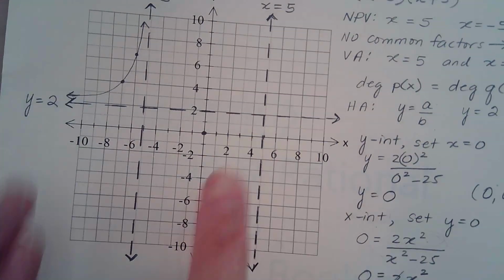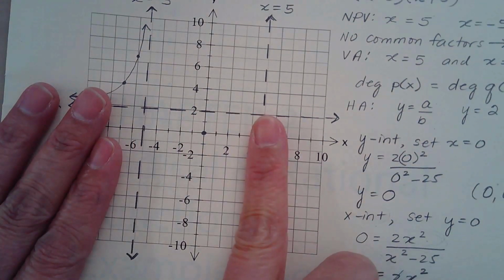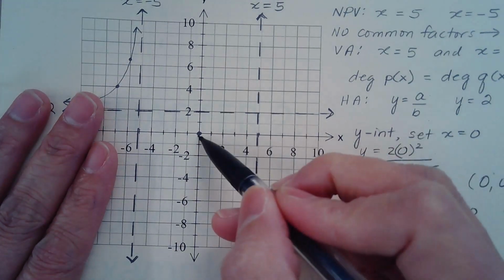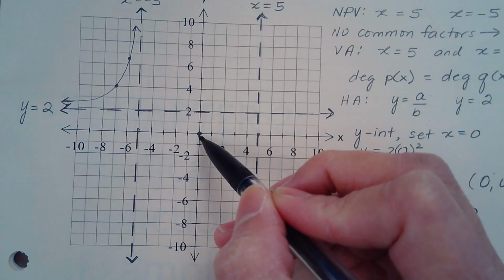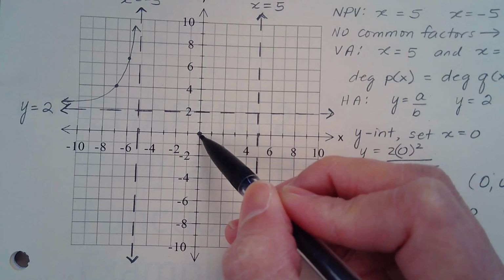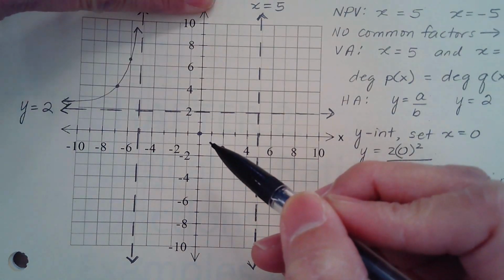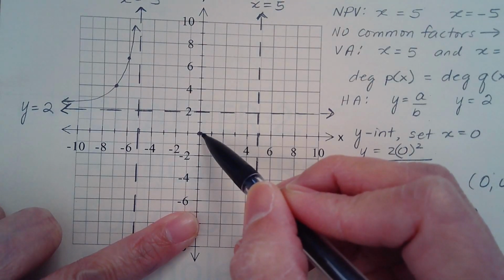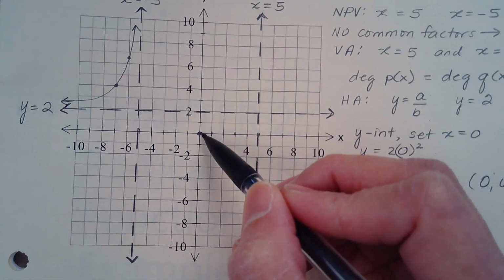Now, over here, between the -5 and +5 vertical asymptotes, we already have some kind of clue what's happening in here. It's not going to be above, it's going to be below, because we already have this y-intercept and x-intercept.